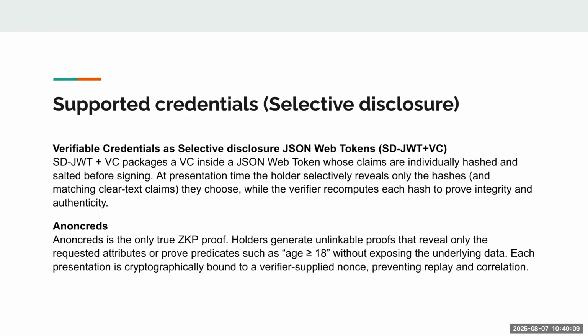And then we have AnonCreds. AnonCreds is an even more special kind of credential. It's called zero knowledge proof, right? On the example I just gave, instead of even giving your birth date, the verifier can ask you a question, oh, are you older than 18?